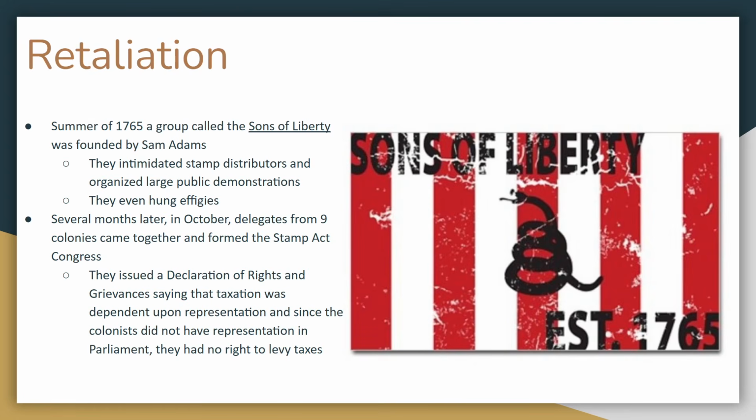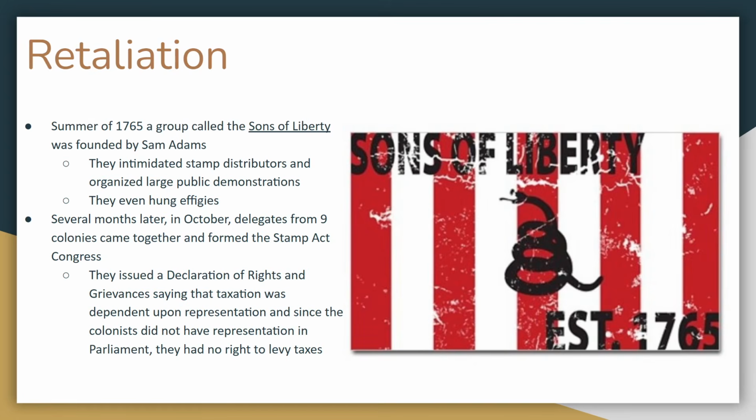They first went after the people who were enforcing the Stamp Act. They were intimidating, for a nice word, the guys who were running the stuff, the stamp distributors. And they did traditional stuff like public demonstrations and things of that nature, but there was definitely an extreme side to the Sons of Liberty.